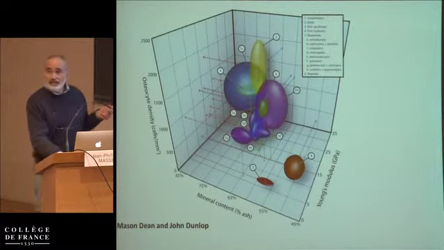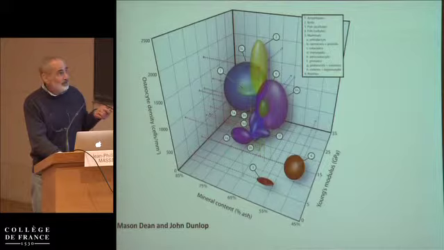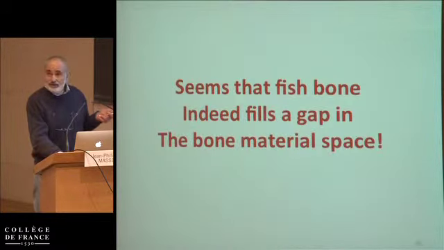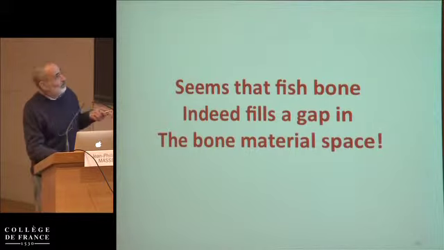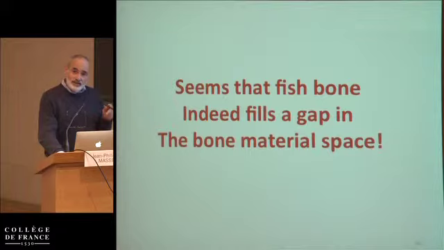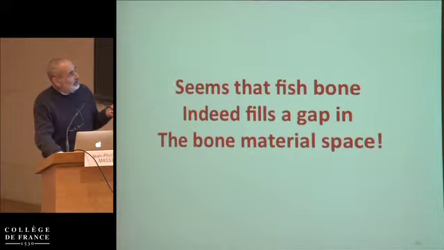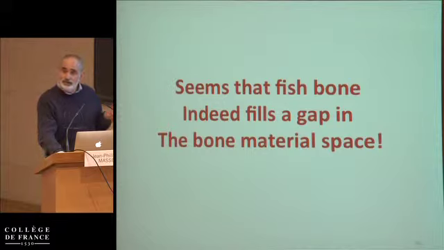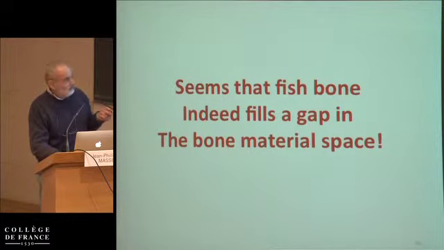And I think that this diagram establishes a priori something that has to do with the theme of the seminar, and that is that it seems within my little world of materials, which is biomaterials or bone materials, indeed there is a gap that is filled by fish bone.